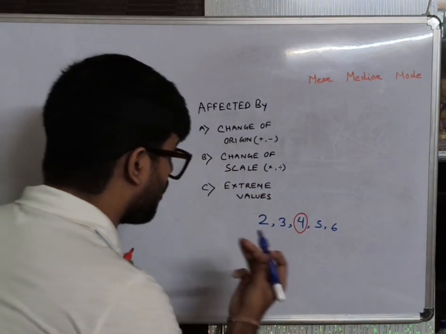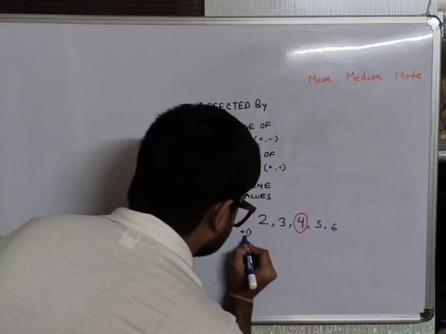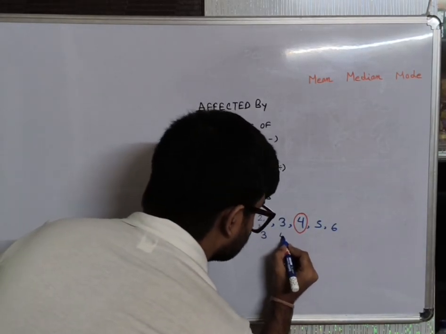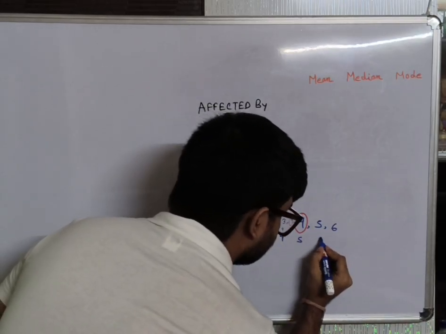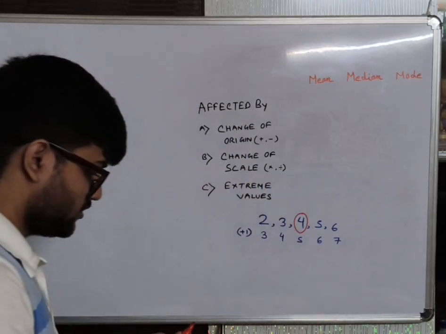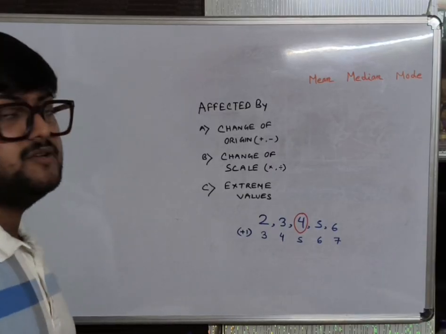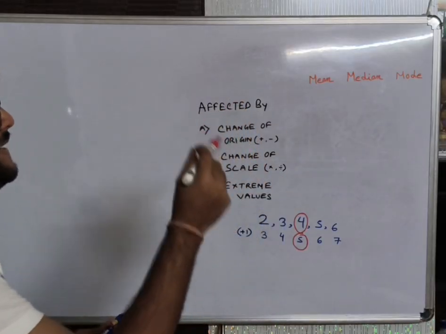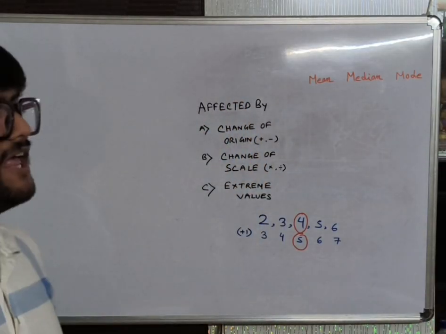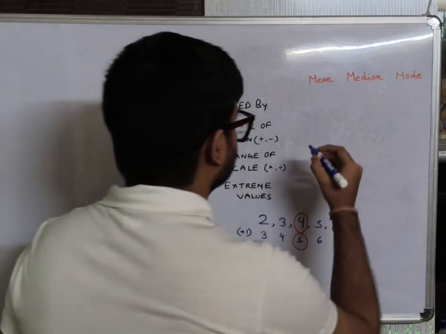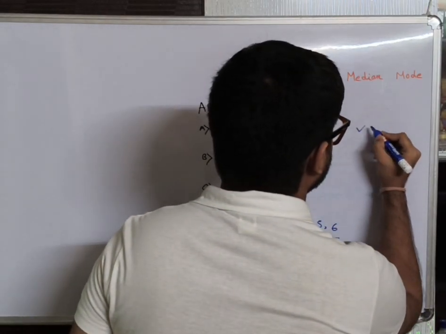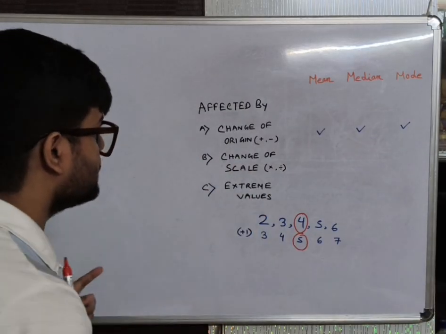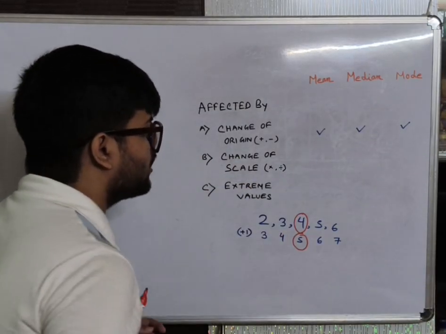But now if we change the origin, say you add 1 to each of the values, the 2 becomes 3, 3 becomes 4, 4 becomes 5, 5 becomes 6, and 6 becomes 7. So now you see the mean has changed. That would be 5. So mean, median and mode, all 3 of them are affected by the change of origin. So yes, 3 ticks.